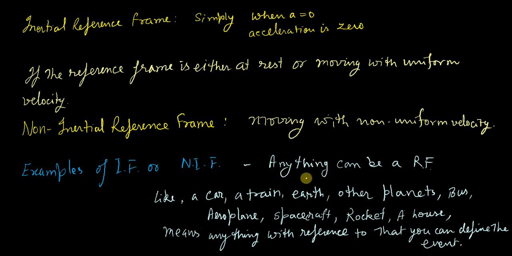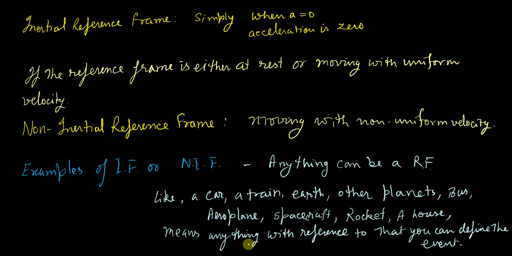Actually, the first point is that a reference frame may be anything. It can be anything, like a car, a train, earth, other planets, bus, aeroplane, spacecraft, rocket, whatever you can think of.